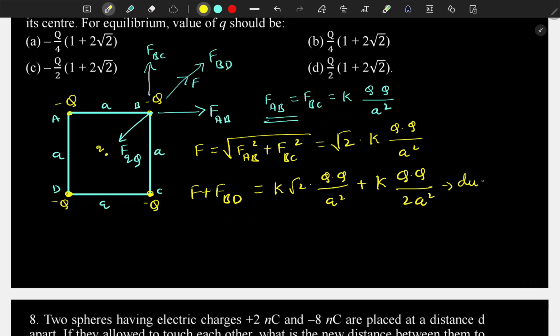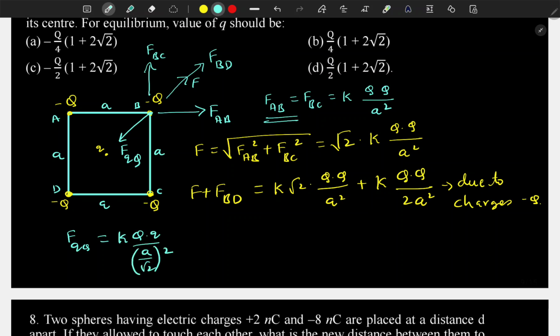Due to charges at corner, that is capital Q charges. What about one more charge, small q? So that also exerts some force on capital Q. That is k capital Q small q divided by a by root 2 whole square.